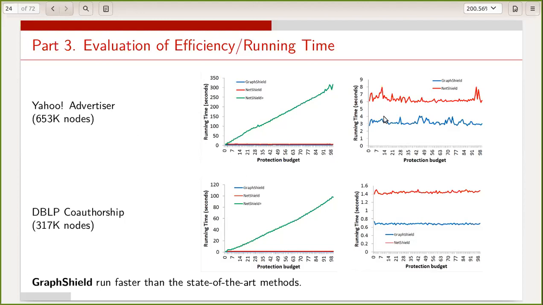We can see that GraphShield and NetShield run really fast. And NetShield Plus is actually the improvement of NetShield, also proposed by Dr. Chen, that uses iterative addition in the selection.